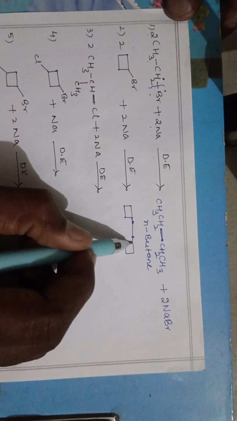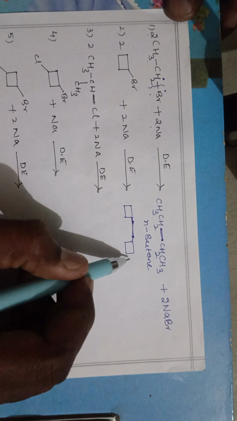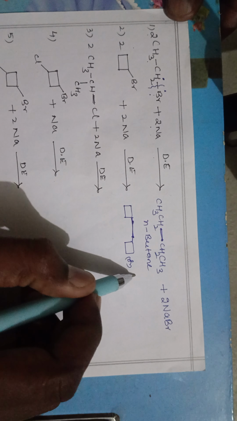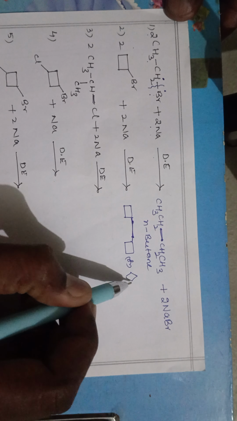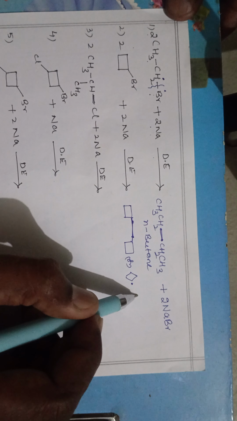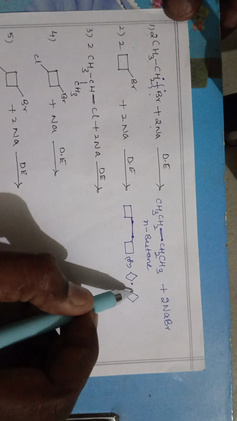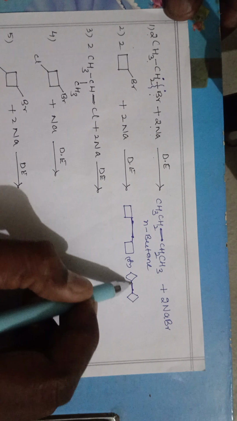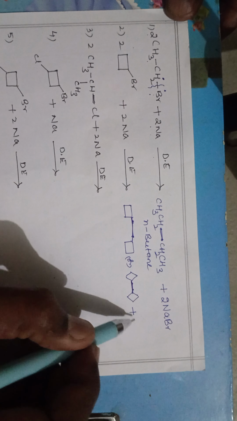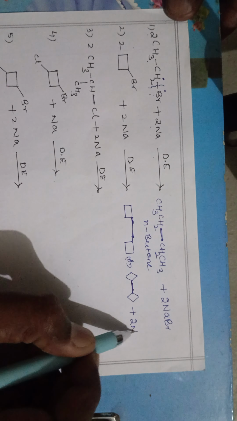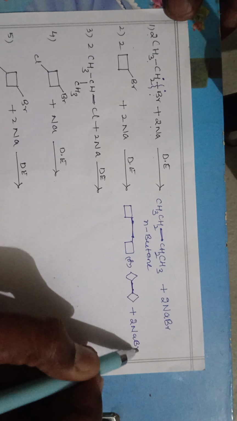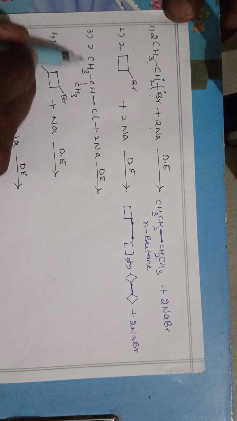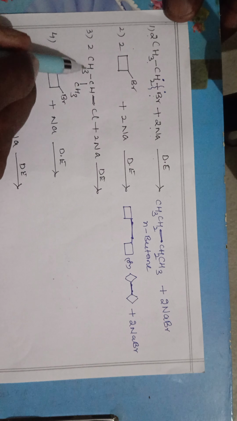Make the bond between these two, or we may show this one like this also: here one radical, here one radical, meaning one electron. Between these two form the bond. So what is formed here? 2NaBr.